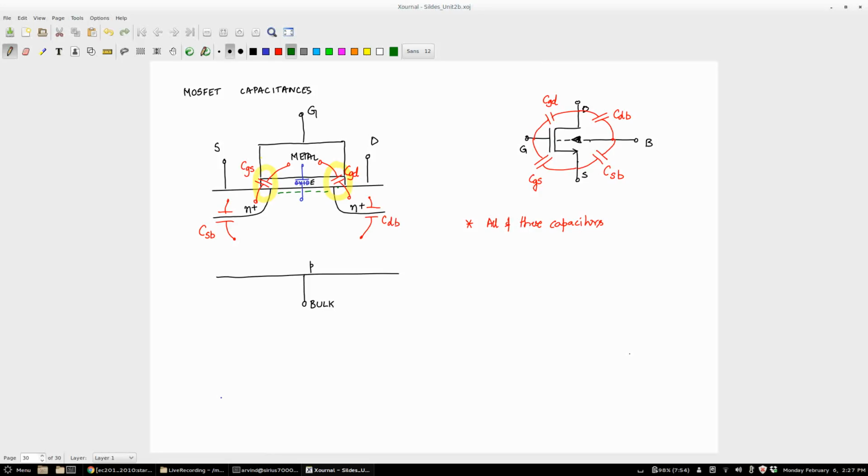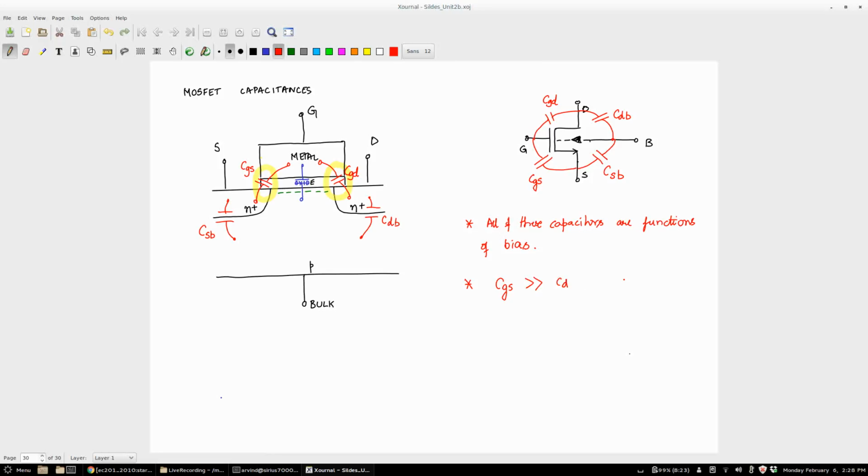So this blue capacitor is actually going from the gate to that inversion region, and you don't really have a contact to that inversion region. The contact to that inversion region is through the two side contacts, either the source contact or the drain contact. It's difficult to access that internal capacitance, so people break it up into CGS and CGD.